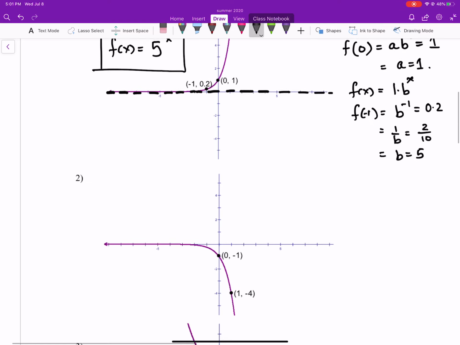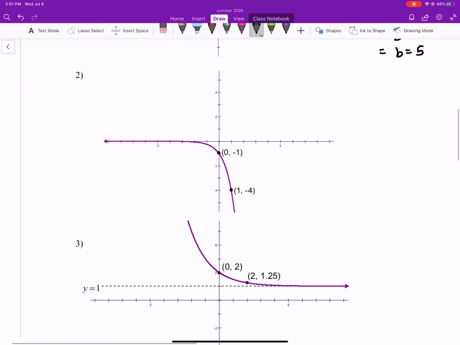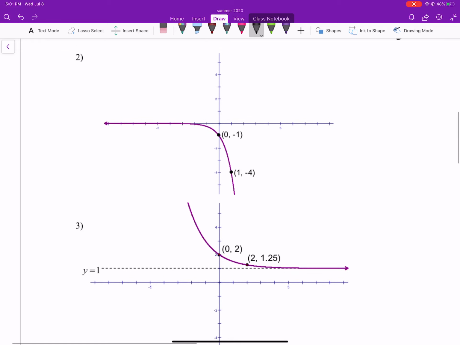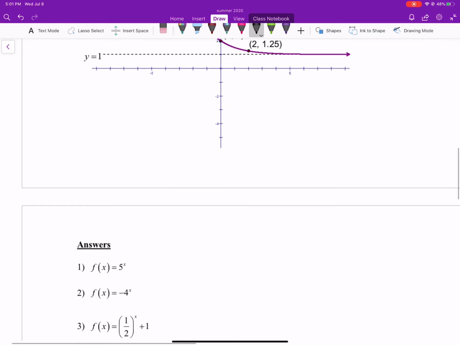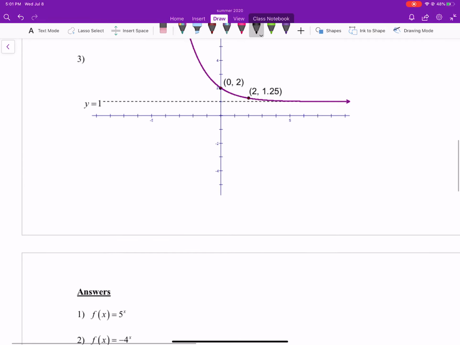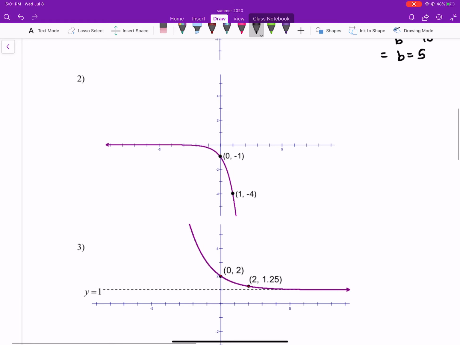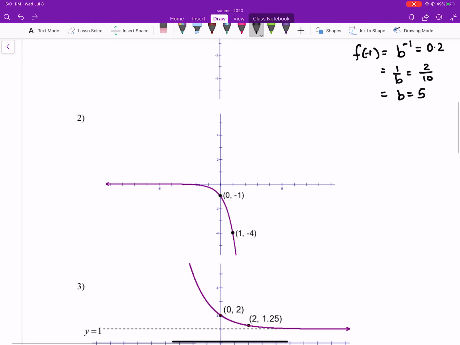For your homework, I want you to come up with the equations for number 2 and number 3. Now, the answers are below, so just giving me the answer doesn't do justice. I want to see how you arrived at your answer, so make sure you show me all your work.